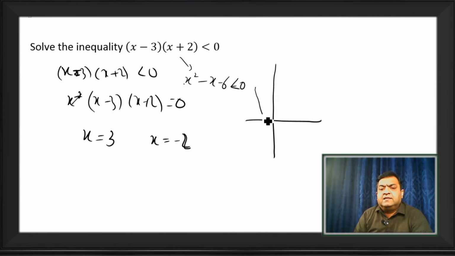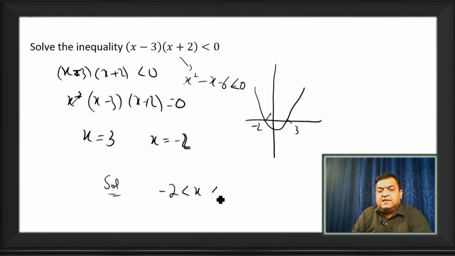The graph will intersect the x-axis at -2 and 3, and we have to find the region in which this graph is negative, which is between these two roots, as we learned in lesson number 4. So our solution is -2 < x < 3. For all these values, this inequality will be satisfied.